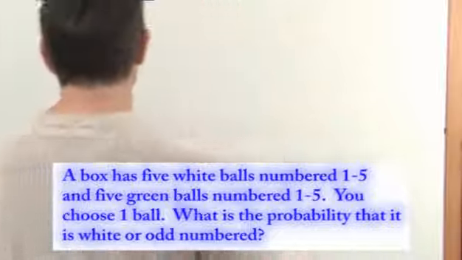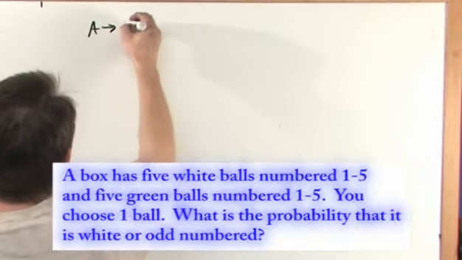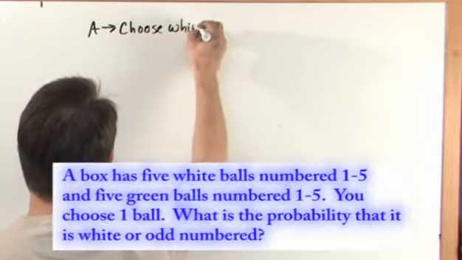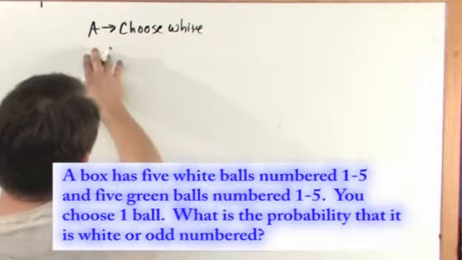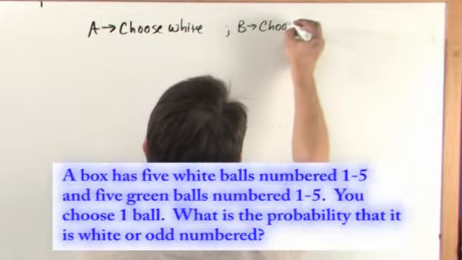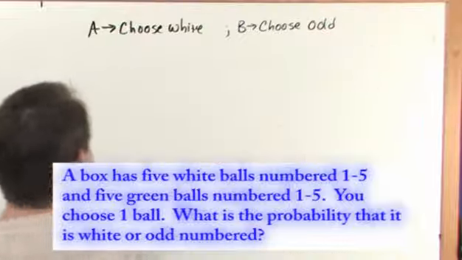So, first things first, label your events. Event A: choose a white ball. Event B is to choose an odd ball, odd numbered, 1, 3, 5, 7, something like that.